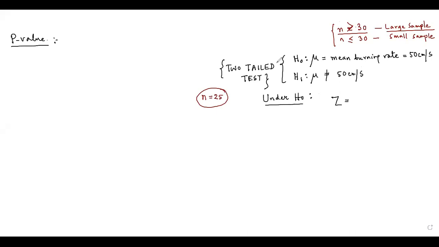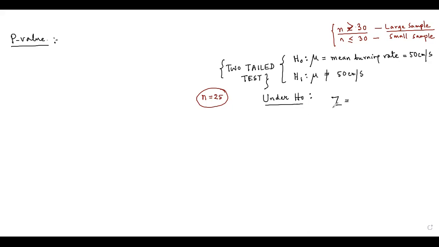The answer is this: we are actually approximating the thing with the help of Z. Yes, you are right, some other small sample tests are there. But when I do the small sample test, you will see that the formula of that test and the formula that I'm going to use here are very similar to one another, with some changes here and there.